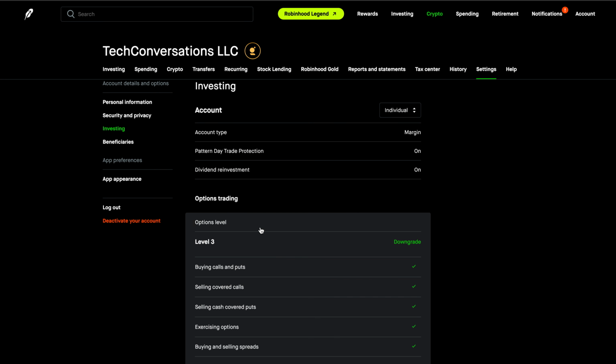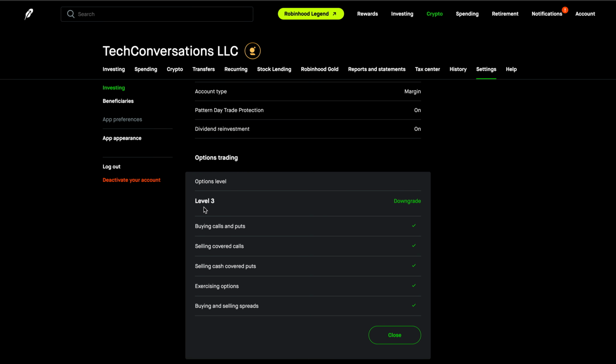If I click on this here, you can see this is level 3. If I wanted to, I could downgrade to level 2, but I don't want to do that. And you can see here all the strategies available to me. So I can buy calls and puts, sell covered calls, sell cash secured puts, exercise options, and buy and sell spreads or multi-leg strategies, like the iron condor.